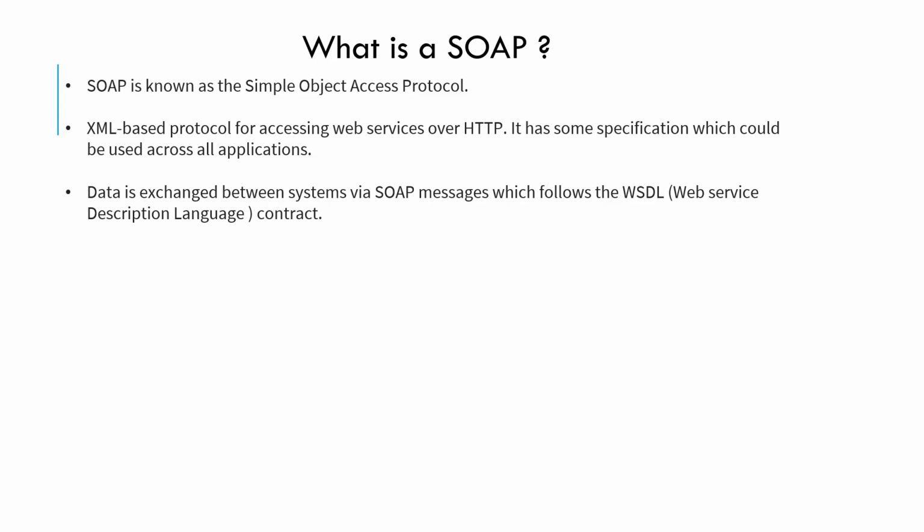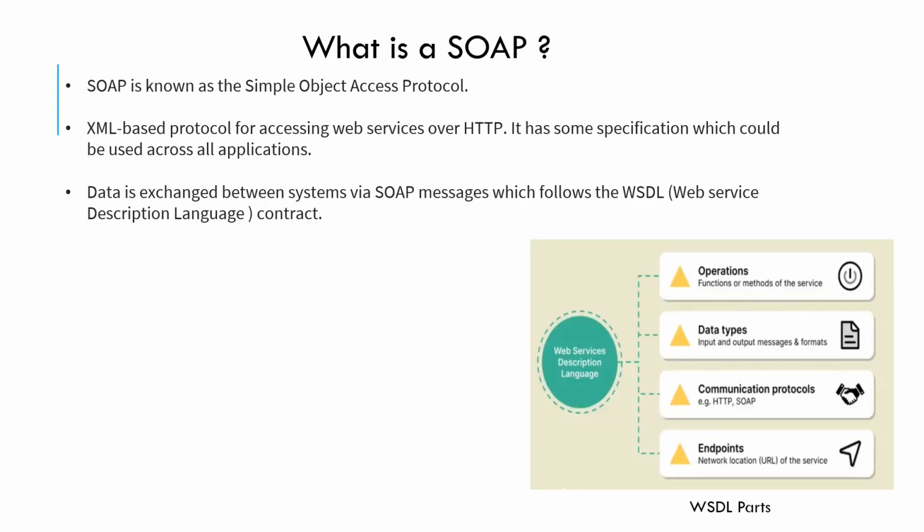So it's a very rigid type of contract which we define for the SOAP services, and whatever messages we exchange between the applications and the web services are via the SOAP envelope, right? So if you see this, these are basically the parts of a WSDL. So WSDL basically has the operations.